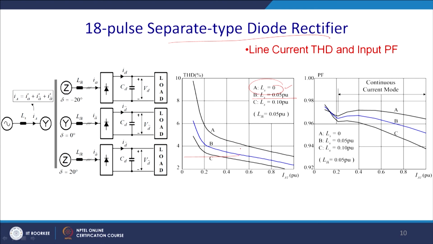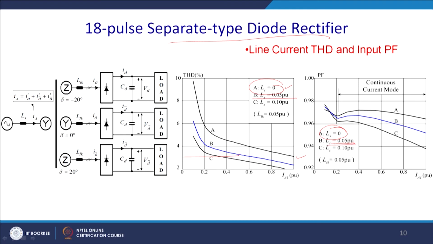So, this will be the case for 0 source impedance. Thereafter, if you have 0.5 per unit, this is the B curve and the blue curve, which comes into the picture in most practical situations, and you can see that you can get a little more than 3%.